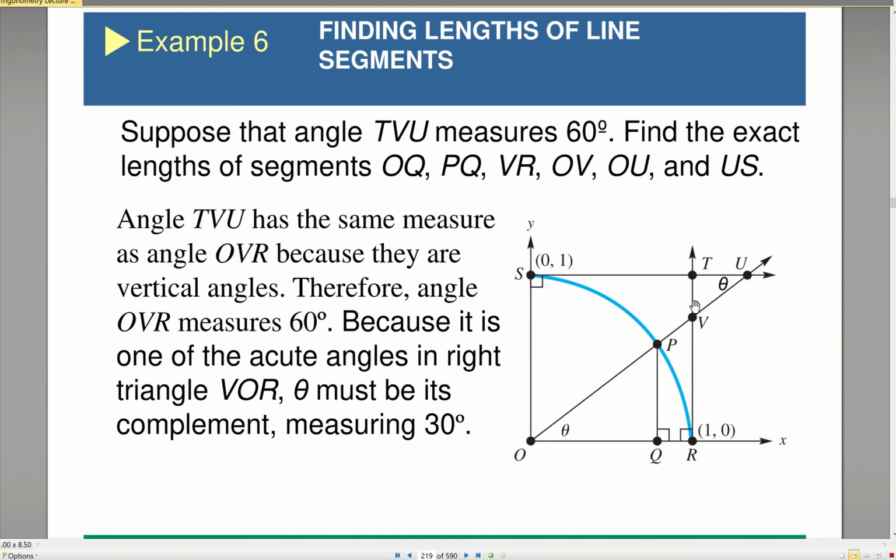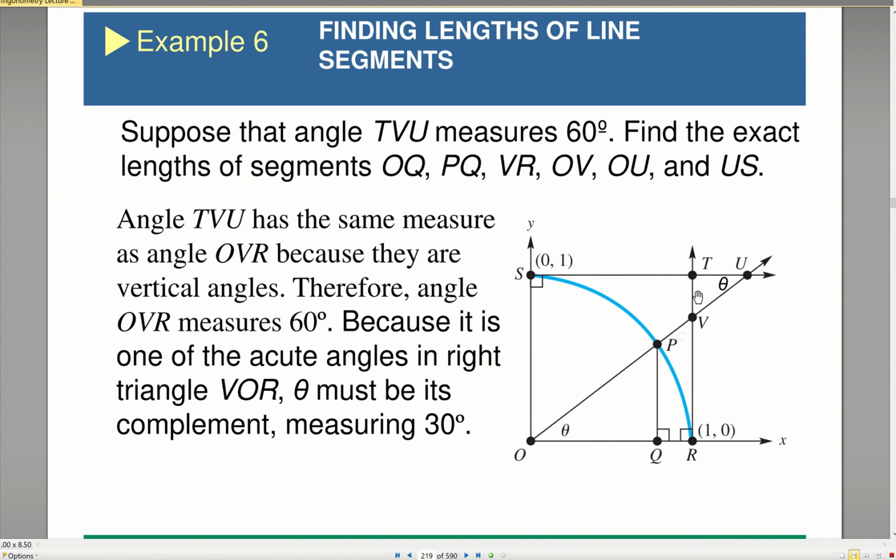60, and they want us to find all the lengths of those sides we just talked about in the previous graphic using what we already know about a 60-degree angle. So notice that if this angle TVU is 60, there is an angle right opposite it. See right there?